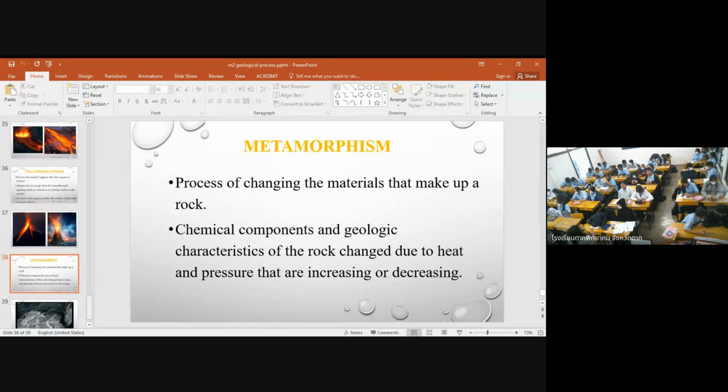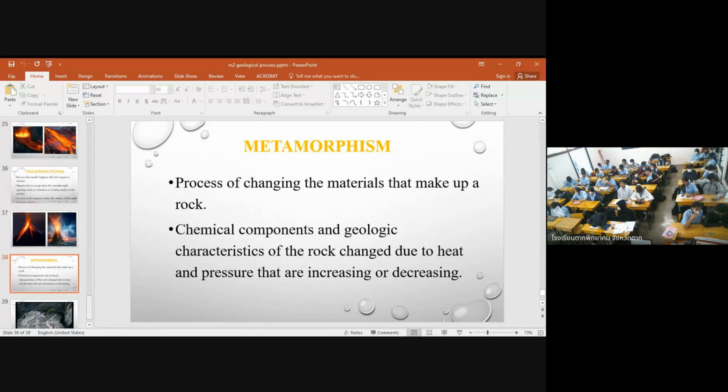Some rocks, what color? Red? I guess there are rocks that are red, right? I don't know, but I guess there is a rock with color red. So some of these are due to change in heat and pressure that is increasing and decreasing.